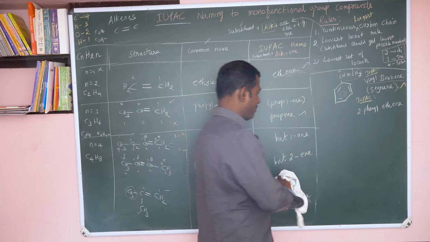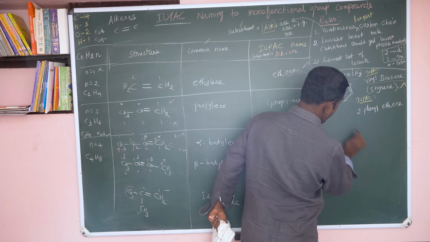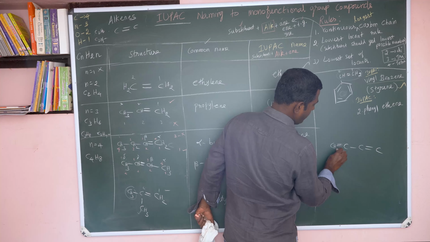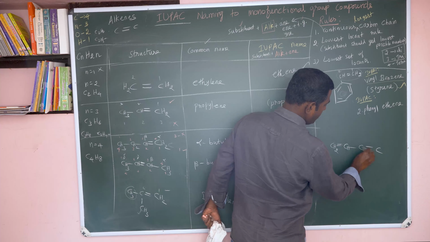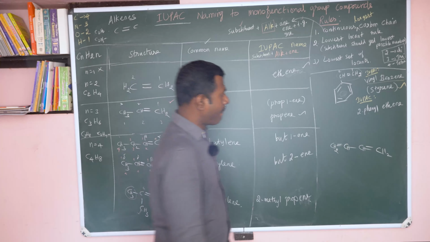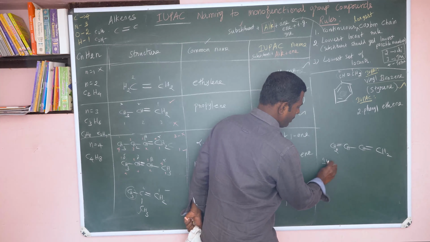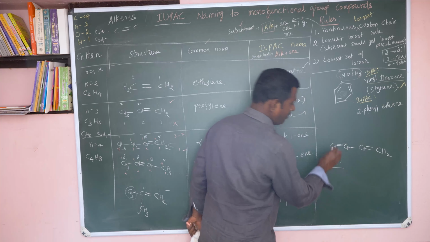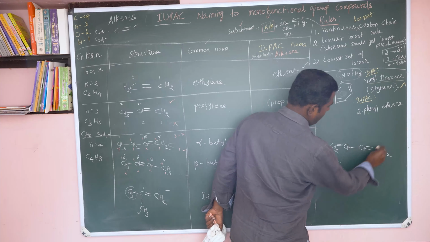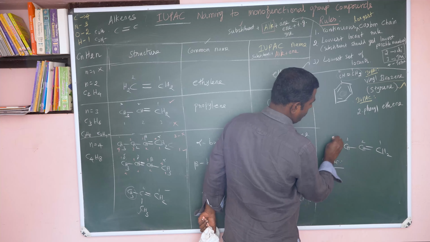So what about this compound? There are 2 double bonds I have given: CH2, CH, CH, CH2. So this is one alkene. Let us give the IUPAC name for this compound. We have to give numbers 1, 2, 3, 4.